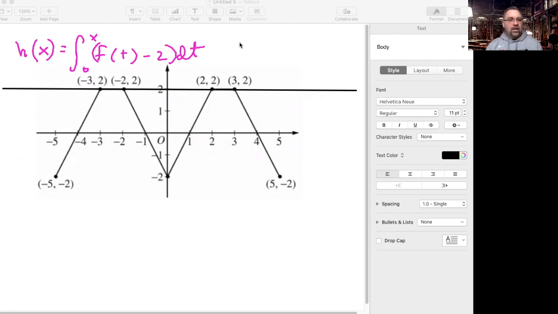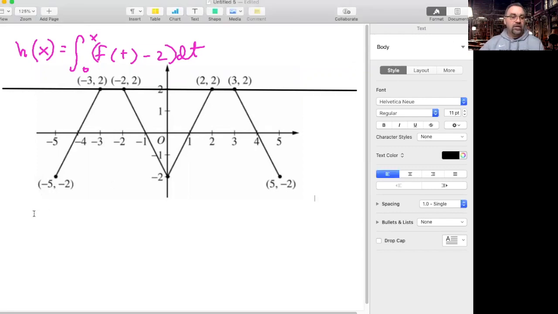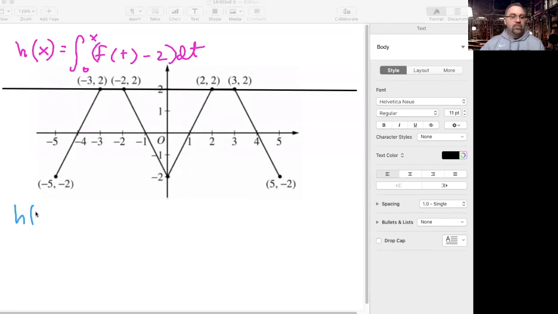So this still provides you with a nice way to think about what some y coordinates would look like. Obviously, h of 0 is 0. But what does h of 2 look like now? H of 2, well, that's the integral from 0 to 2 of our function.